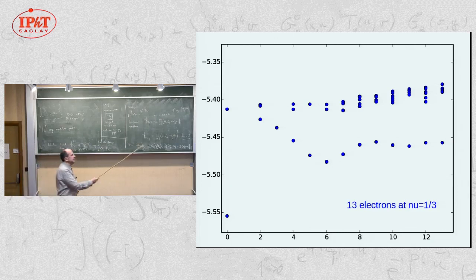Yes, yes, absolutely. This is called a magnetoroton state, absolutely. You see that there is a minimum in the collective mode for a well-defined value of the wave vector. Yes, absolutely.